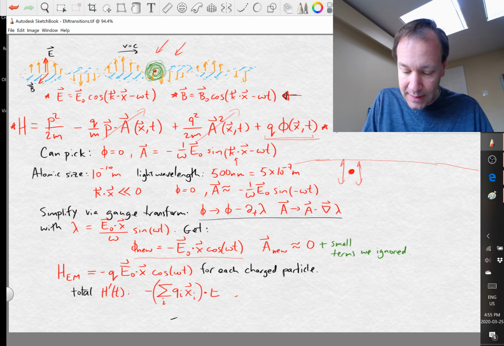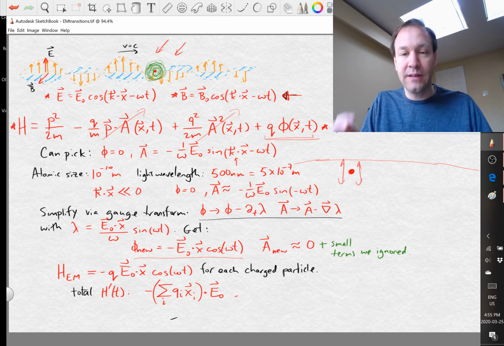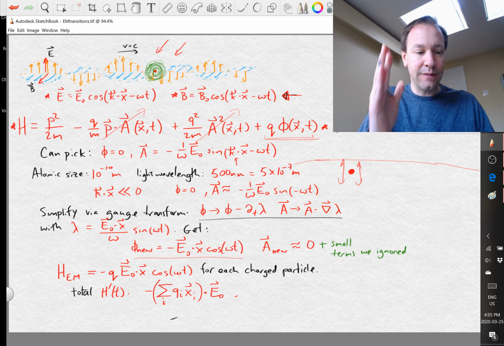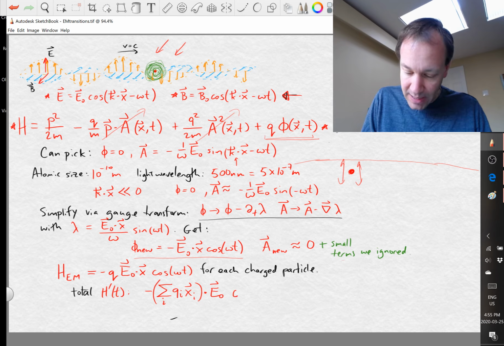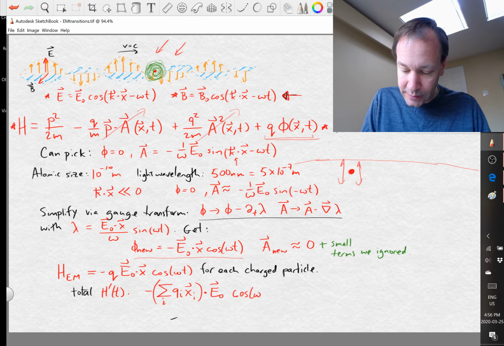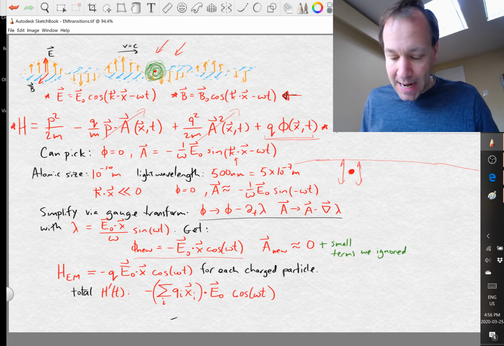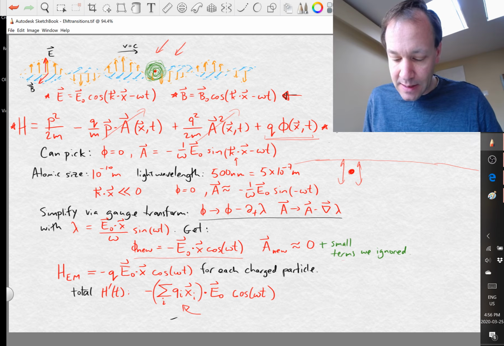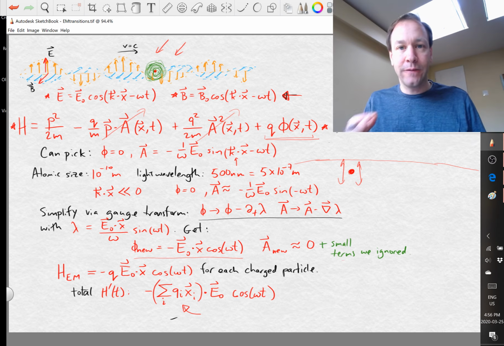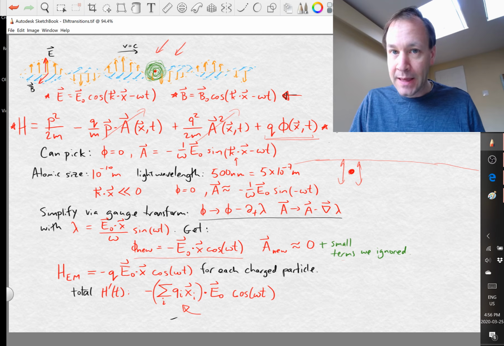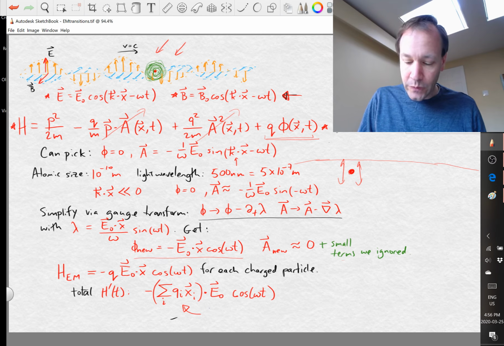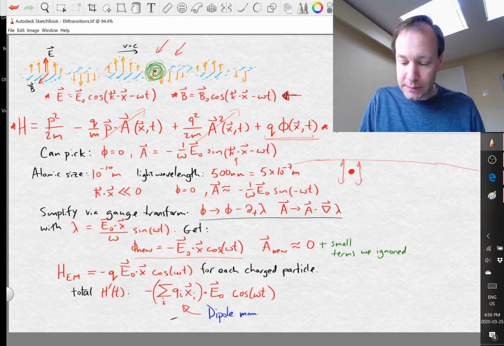All of that is dotted into our vector E0 that tells us the direction of our electric field. And then we have cos of omega t. Now this operator has a very nice physical interpretation. This is precisely the dipole moment operator.